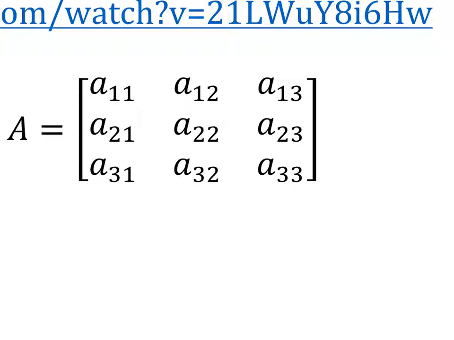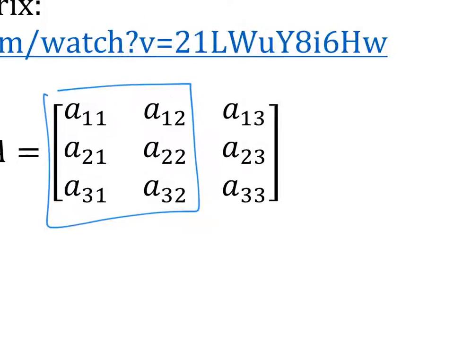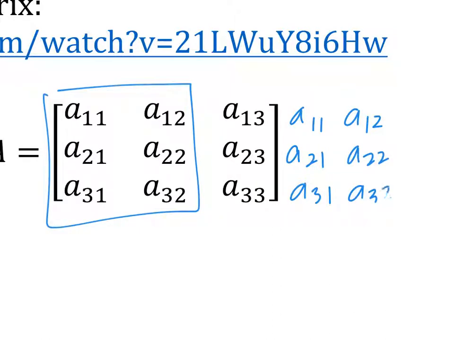To find the determinant of a 3 by 3, first copy the first two columns to the right. Just copy them over.